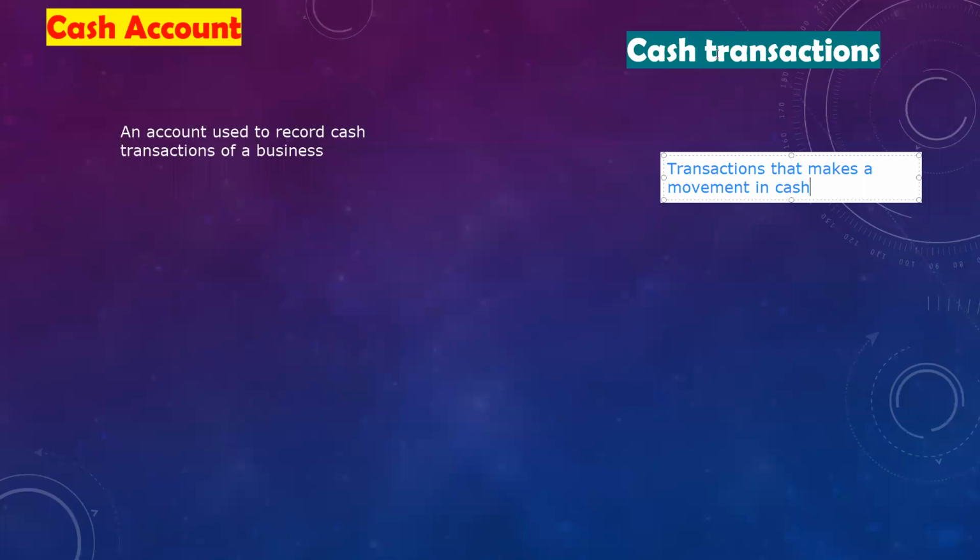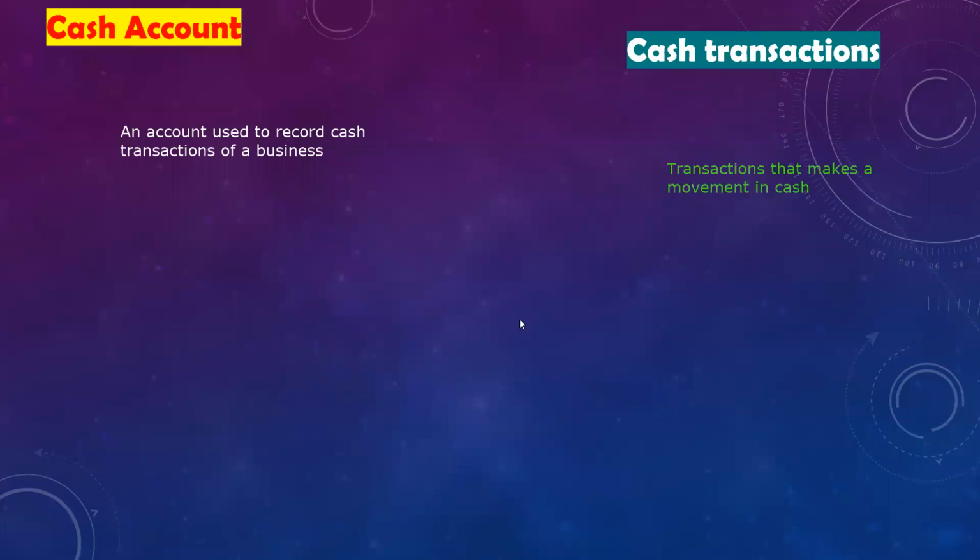Transactions that make a movement in cash are called cash transactions. So what is cash account? An account used to record cash transactions. Then what does cash transaction mean? Transactions that make a movement in cash.